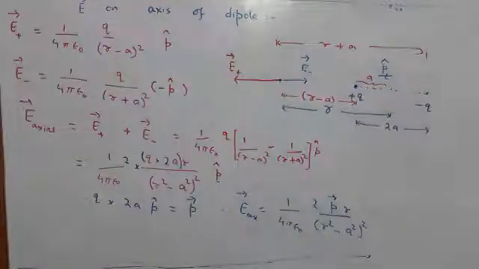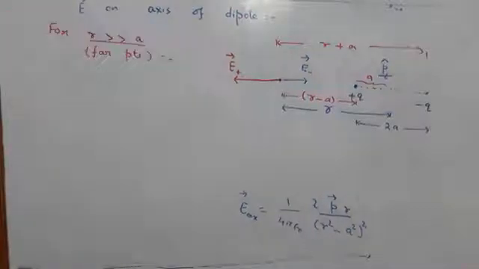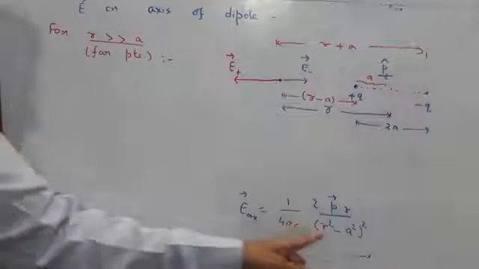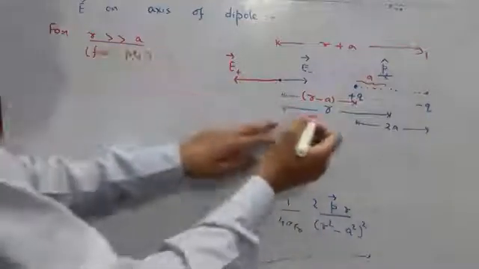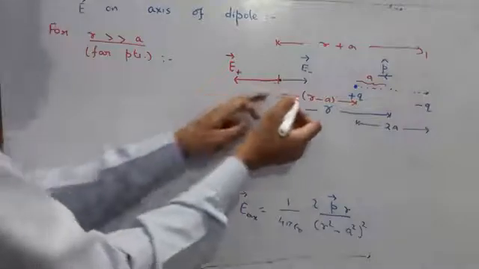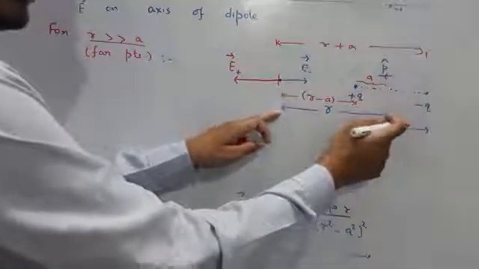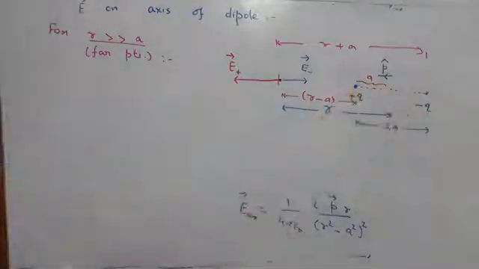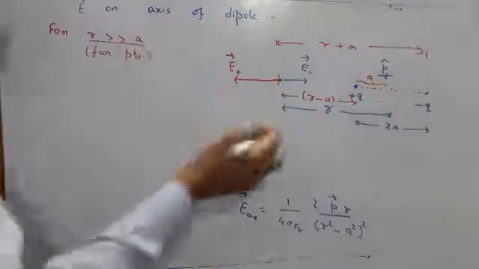We will discuss one special case. We shall discuss the situation wherein this distance r, that is the distance of the point where we have to find the electric field from the center of the dipole, is very, very large compared to the size of the dipole. In other words, we are very, very far from the dipole.